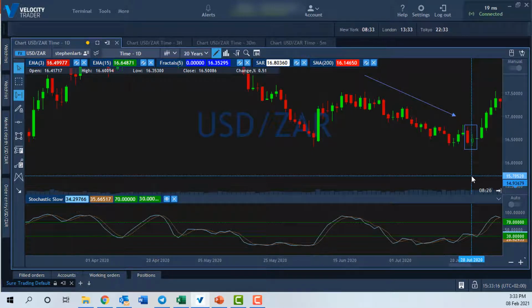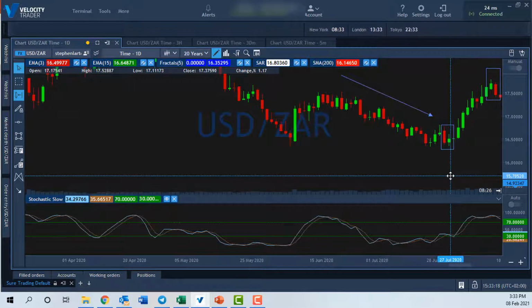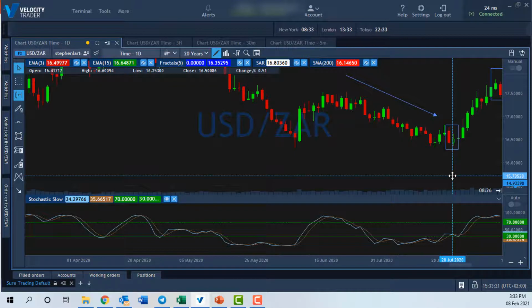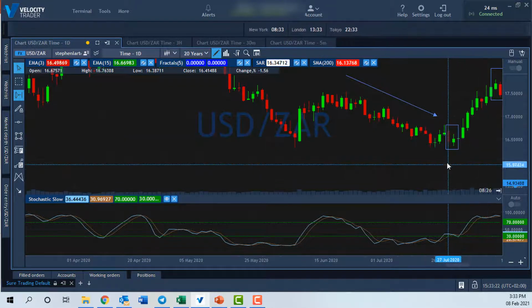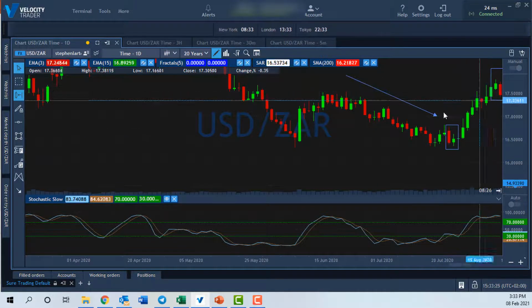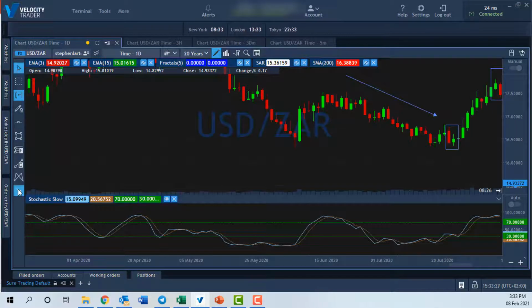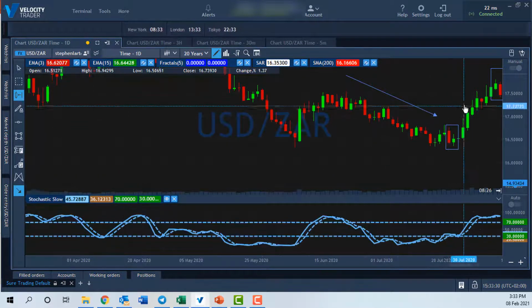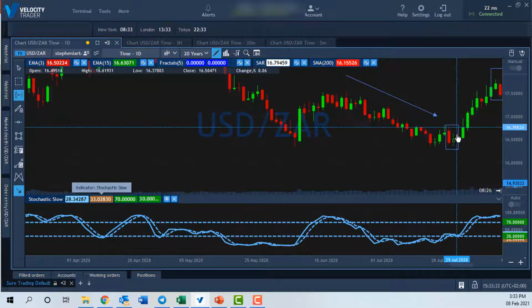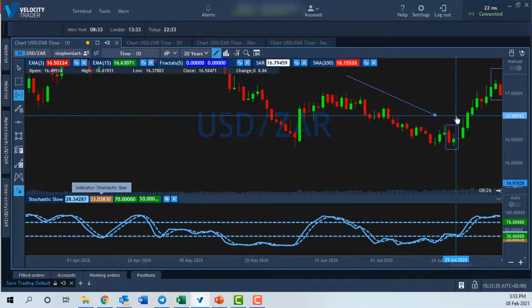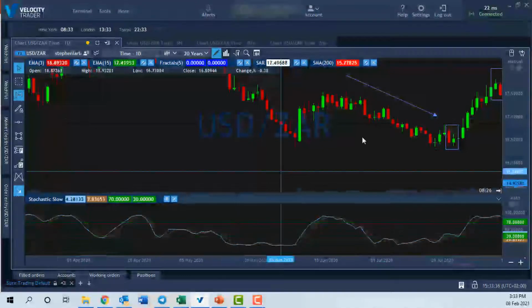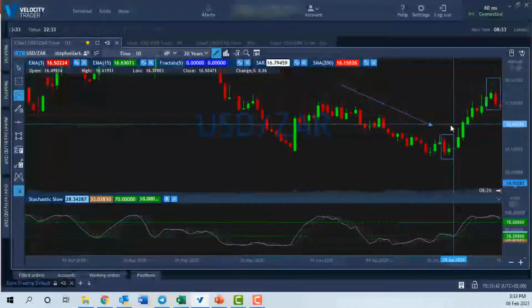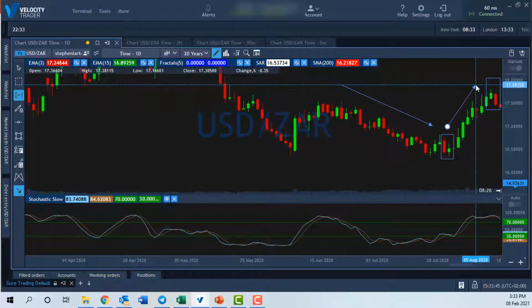Let's have a look, see for another example. There we have an example over there. Now this is a tweezer top pattern. With a tweezer top, it needs to be coming from an uptrend. So as you can see, the trend was definitely an uptrend.